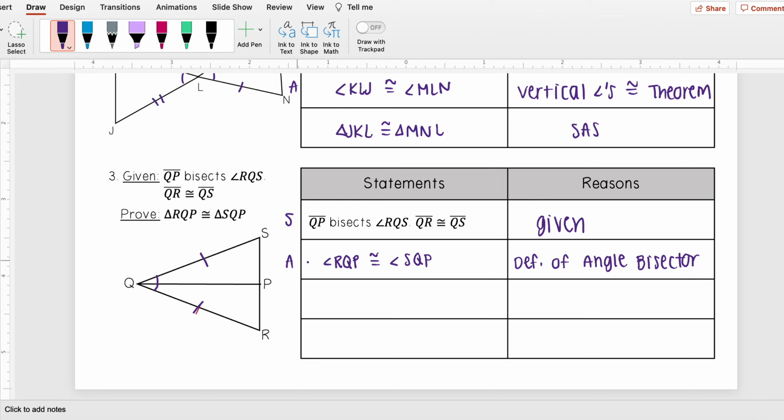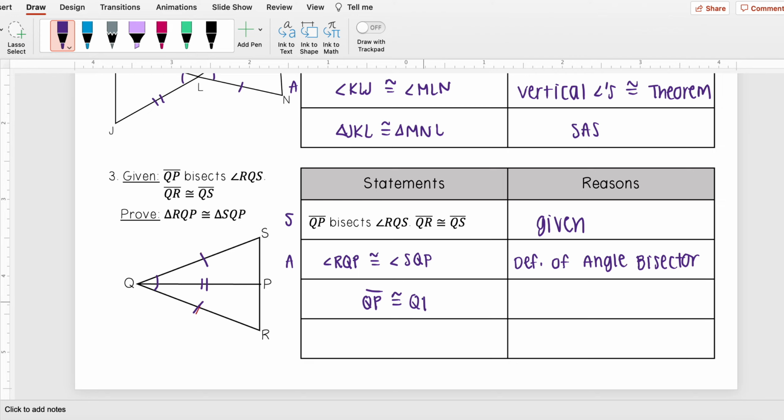So I have an angle. Now I just need another side. And remember, the order here is super important. That congruent angle needs to be between the two congruent sides. So that means this QP needs to be congruent. And just like we saw in a lot of these other examples, and usually for a lot of these proofs, this may end up showing up a lot. So definitely a good thing to watch out for. I see that QP is congruent to itself.